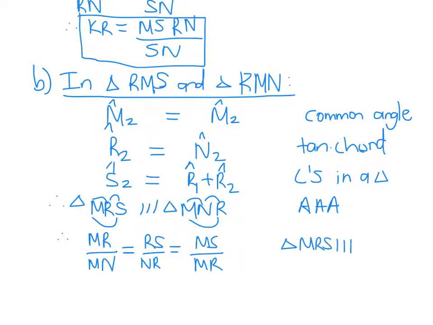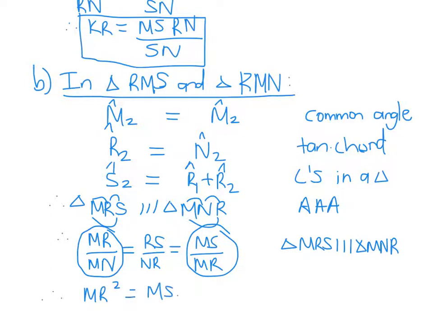Triangle MRS is similar to triangle MNR. And now we are looking for MR and MR. So if I do those two, I can see that MR squared is equal to MS times MN. That is what they asked me in question B.